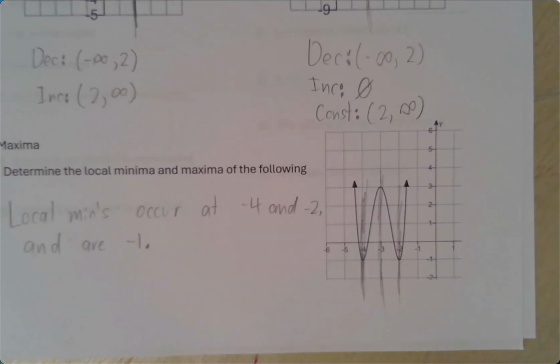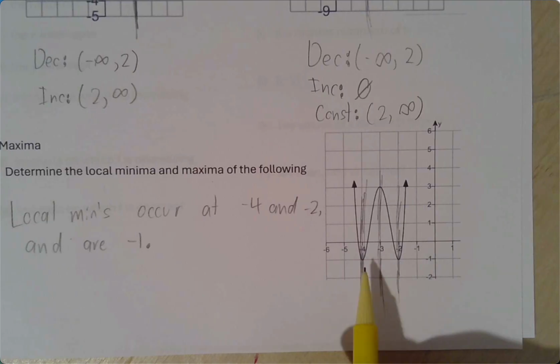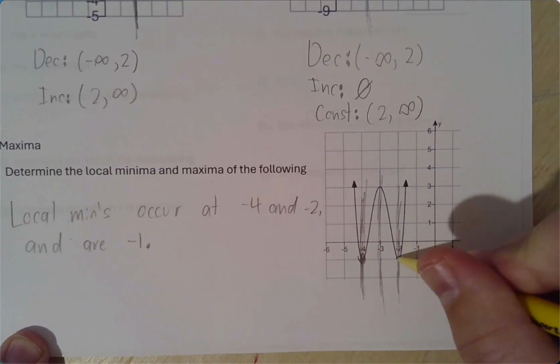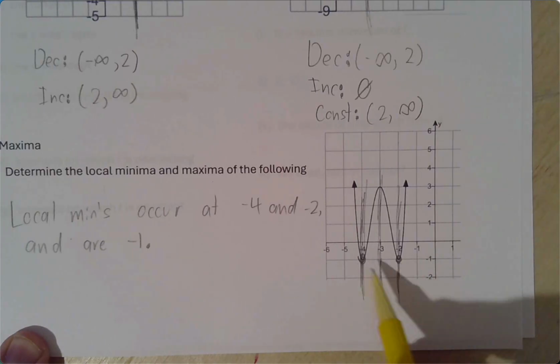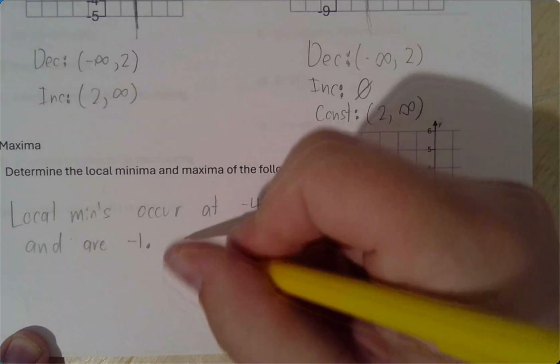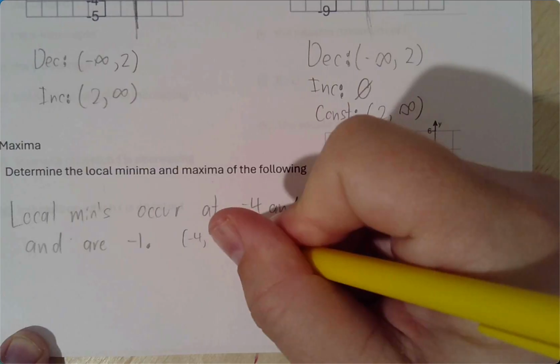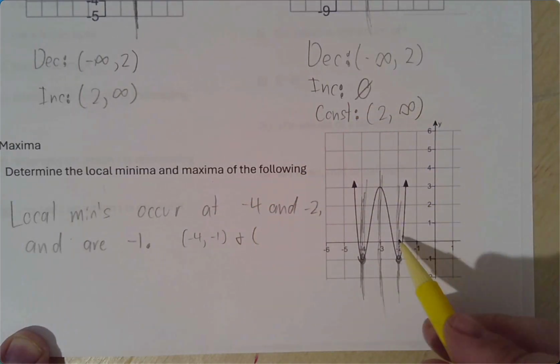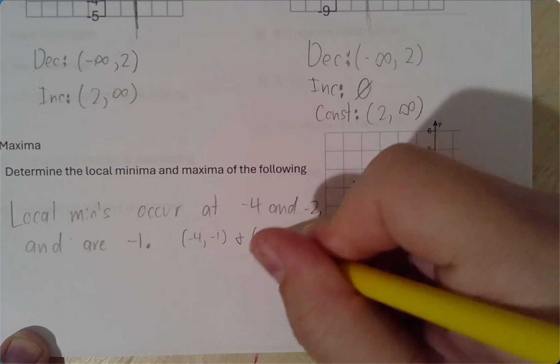So what on earth do I mean by that? Well, let's list out the points on the graph right here, all the way back to the beginning. So if I were to draw out these points and describe what they look like, this first point, first going from left to right, is the point -4, -1. And the other point is -2, -1.